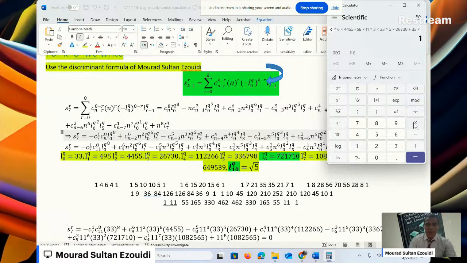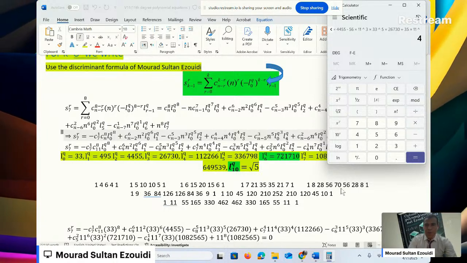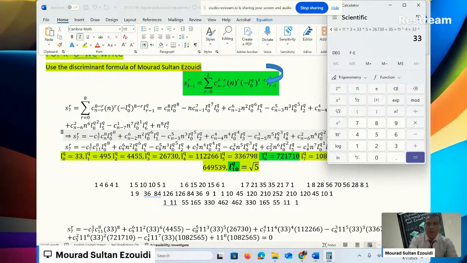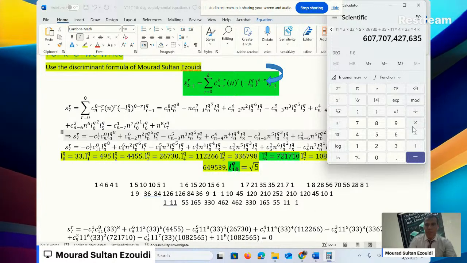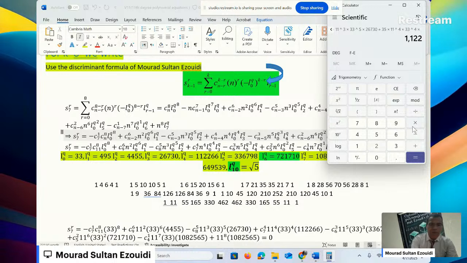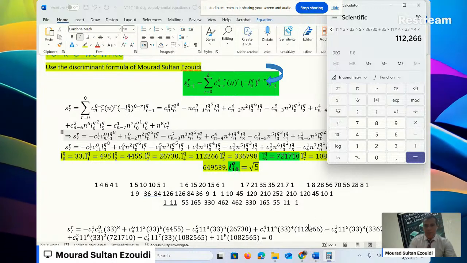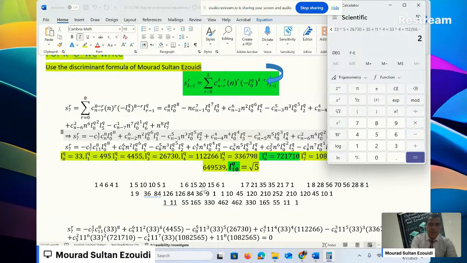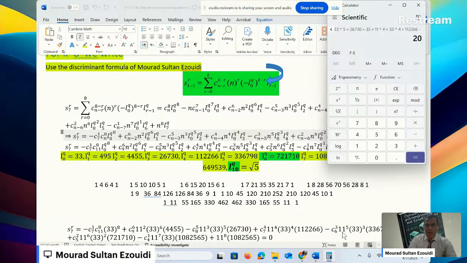Multiply by 11 raised to the power 4 times 44 times 33 raised to the power 4 times 112, 256, minus 650, is minus 20 multiply by 11 cubed.